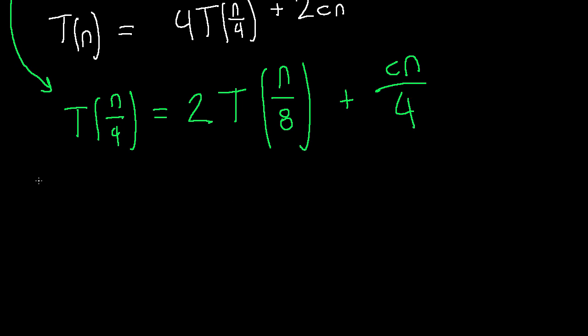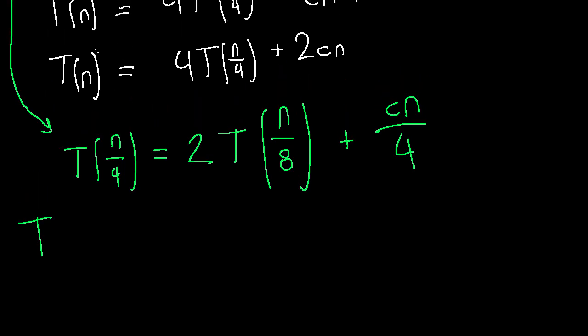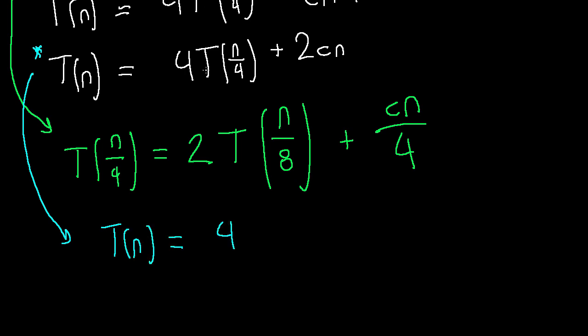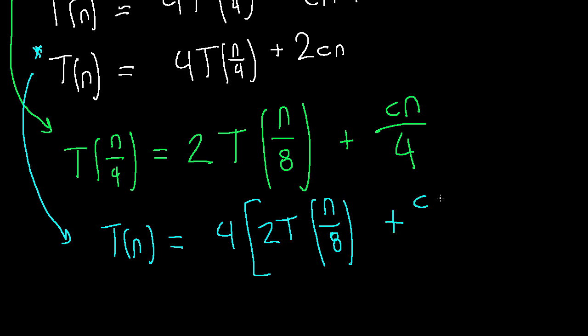And now what we have to do is go back to the T of n. This is our T of n right now. I'm trying to get different colors here so we don't get too confused. So this is the T of n that we're going to be working with now. We'll have 4. Now we're replacing that T of n over 4, so we write this one that we have down here: 2T n over 8 plus c n over 4 plus 2c n.